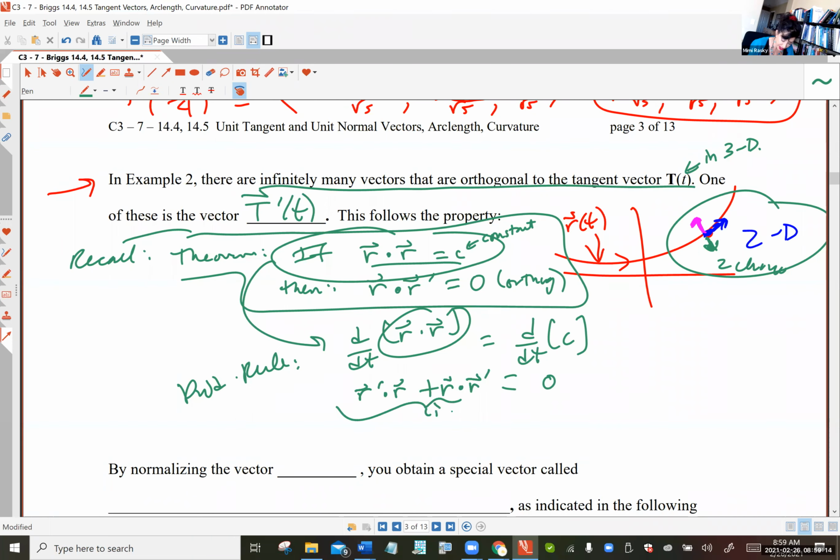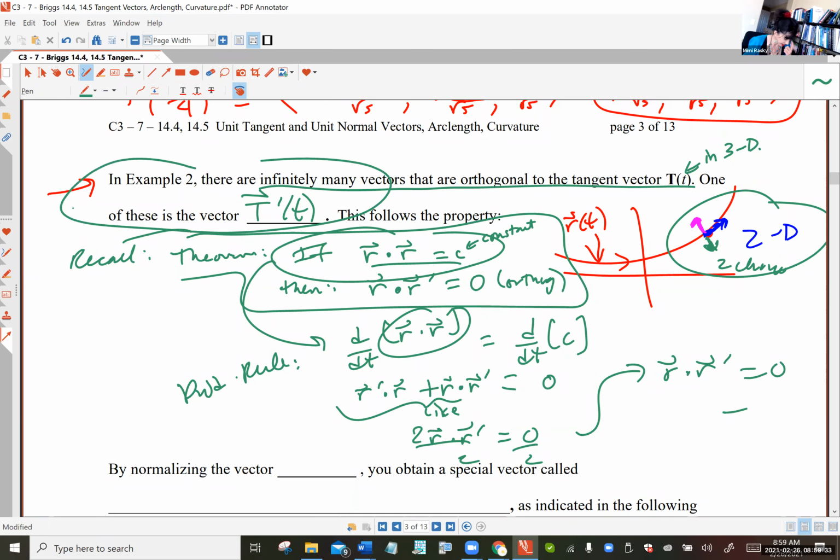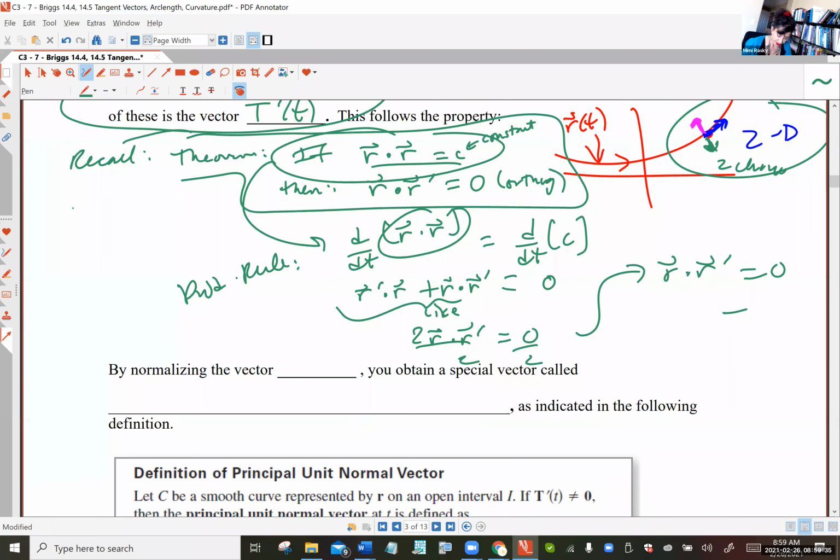These are like terms, so you can add them. So you've got 2 of those, R dot R prime. And then you just divide both sides by 2, and voila, the dot product of the vector valued function R with its own derivative is 0. So that had to be true. So what does this have to do with this fact right here? I'll show you. I'll keep going.